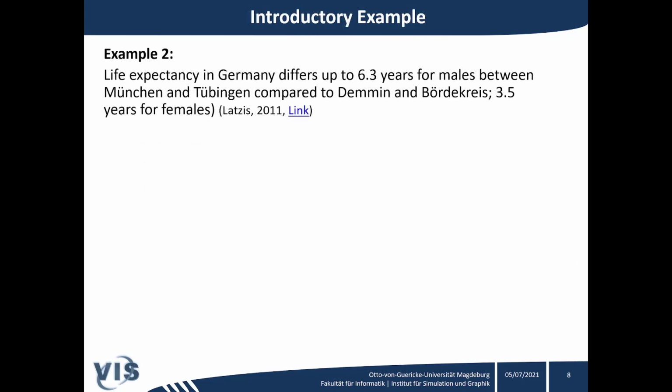Another example deals with the life expectancy in Germany, which differs up to 6.3 years for males between Munich and Tübingen, compared to Demmin and Bürdigreis, where the life expectancy differs up to 3.5 years for females.